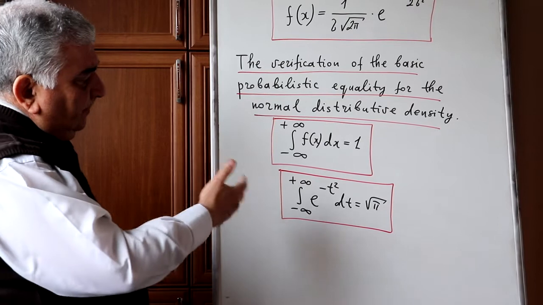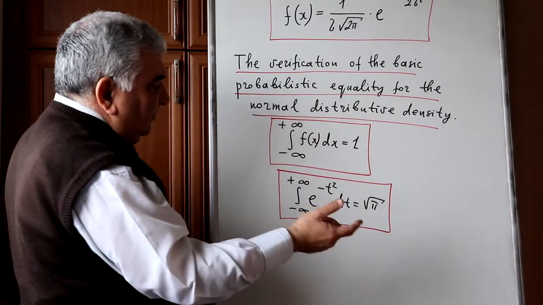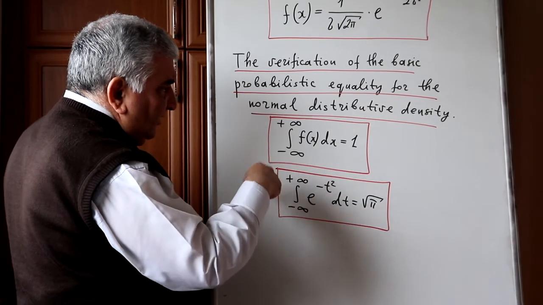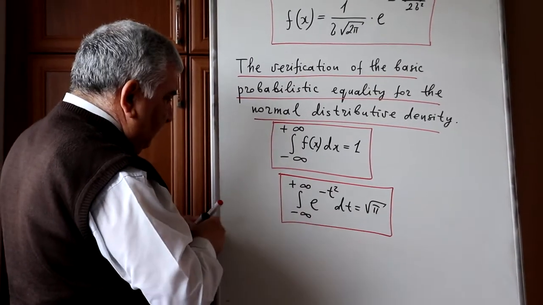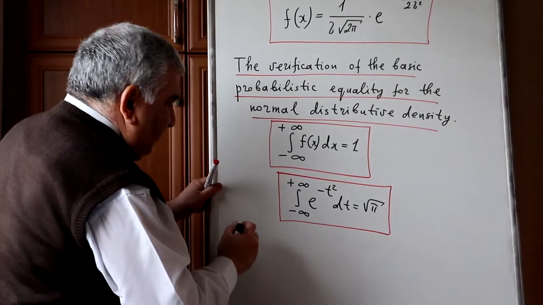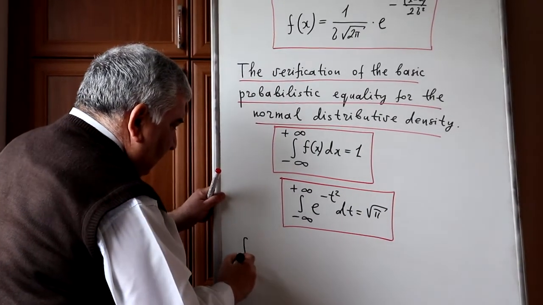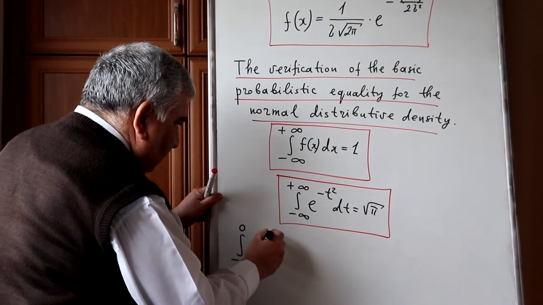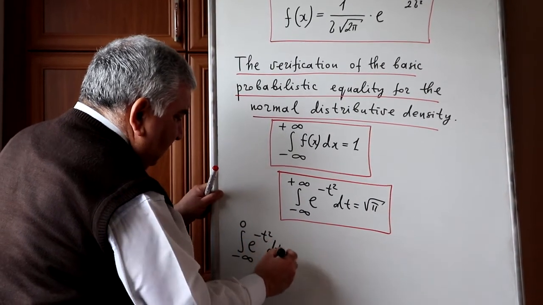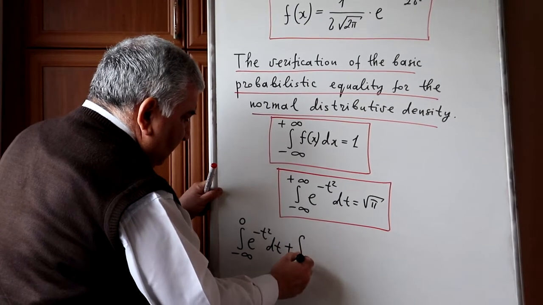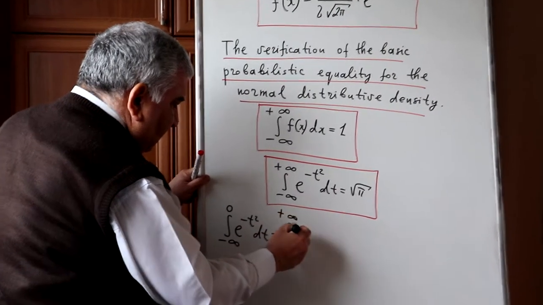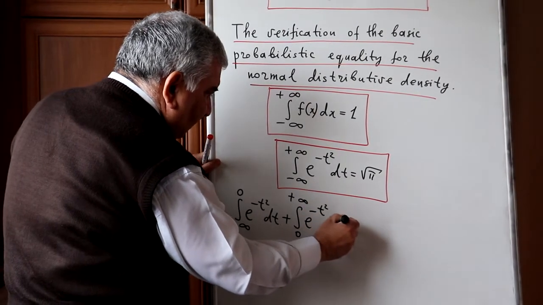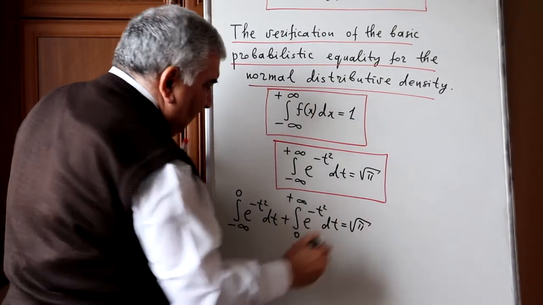Now we can separate this integral into two integrals: from minus infinity to 0 plus from 0 to plus infinity. The integral from minus infinity to 0 of e raised to minus t squared dt plus the integral from 0 to plus infinity of e to minus t squared dt is square root of pi.